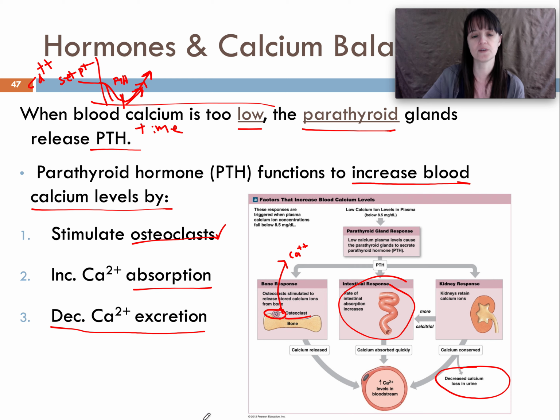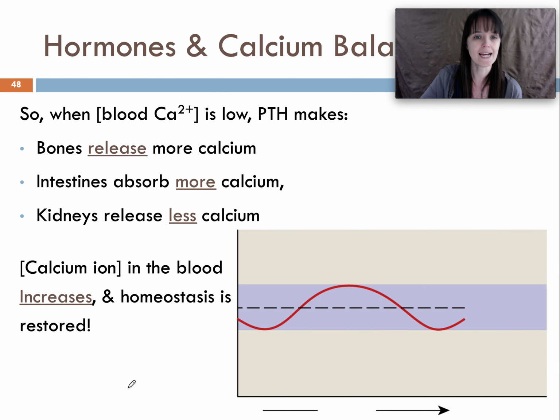Okay? At the very least, we're going to pee out less. So by losing less, we'll keep more. Anyway, that helps to increase the blood calcium levels. Meaning that when blood calcium levels are low, we release which glands? Parathyroid glands release which hormone? Parathyroid hormone.